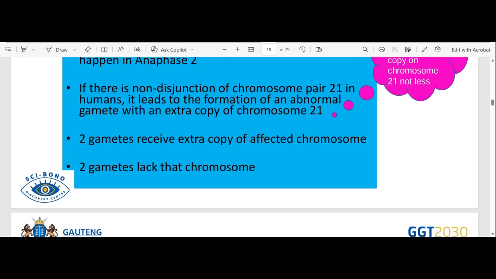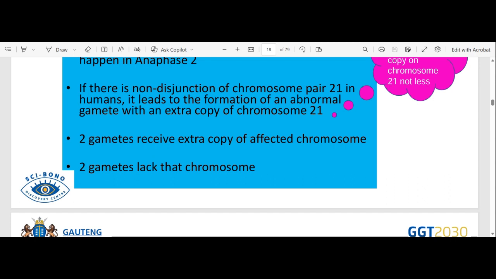Okay, and the next point says that two gametes receive an extra copy of the affected chromosome, and two gametes lack that chromosome. The state where gametes receive an extra copy of an affected chromosome, we call that what? Trisomy, right?